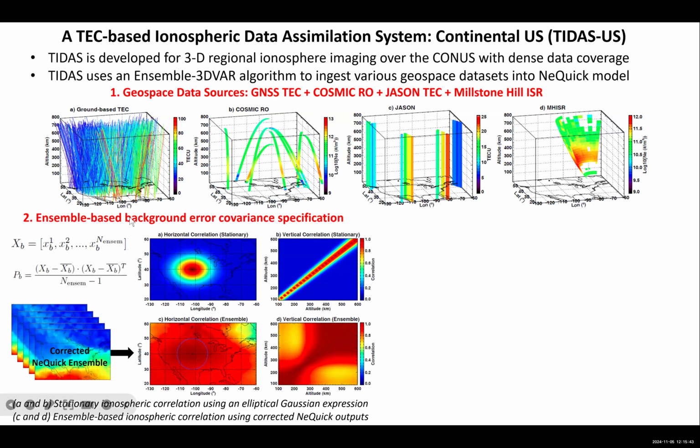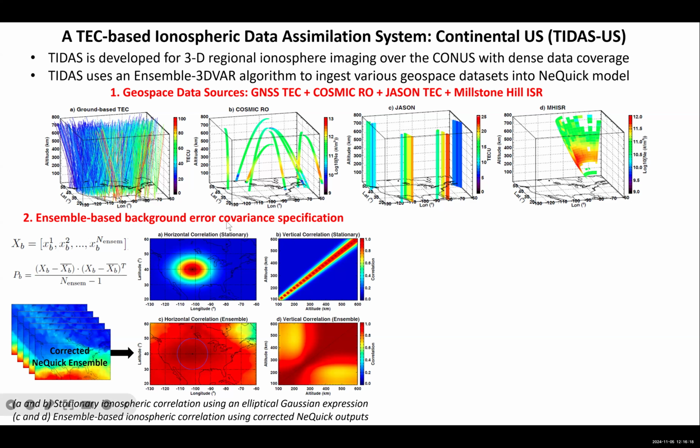An ensemble-based method is used to calculate the background error covariance, which we know is a critical parameter that directly influences the result of the data assimilation. In many prior studies, this background error covariance is usually expressed to be proportional to the ionospheric correlation, which is expressed as a Gaussian-like elliptical function, which is stationary.